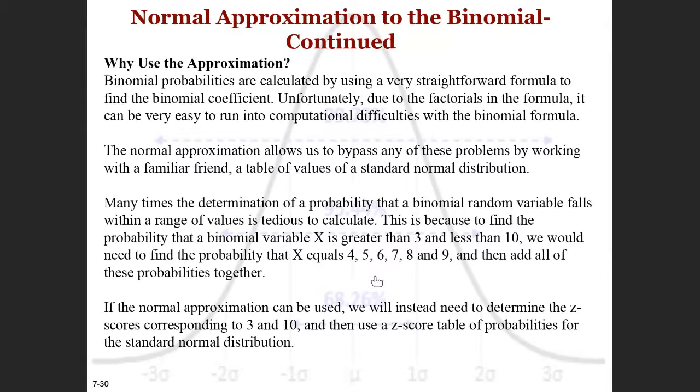If the normal approximation can be used, you will instead need to determine the z-score corresponding to 3 and 10, and then use a z-score table of probabilities with a standard normal distribution. Because what is the Z table showing you? It's showing the area under the curve, which represents probability.